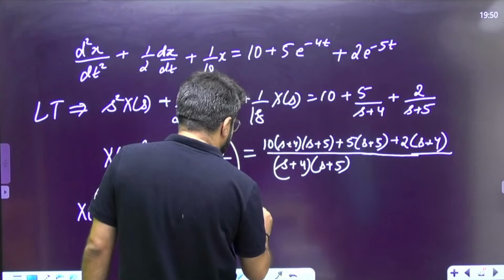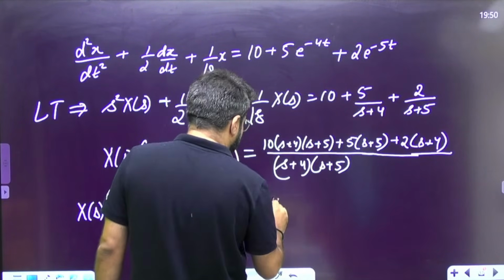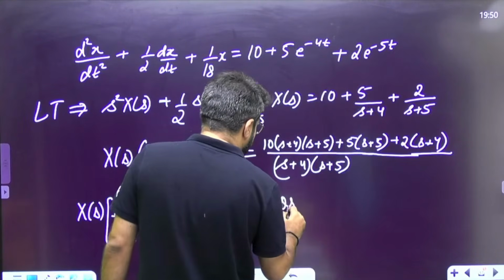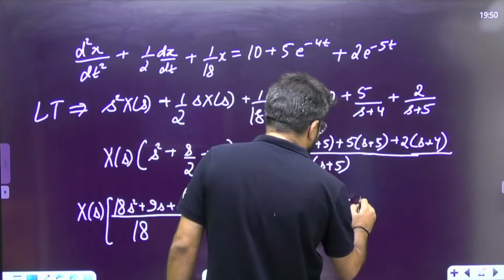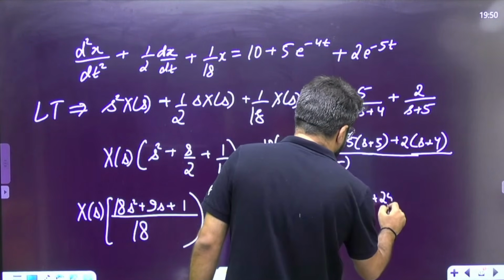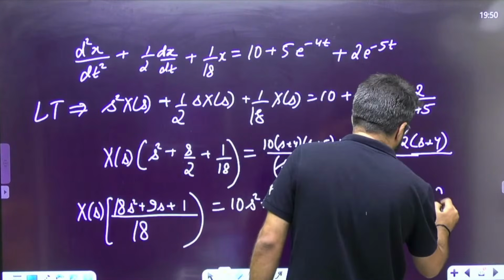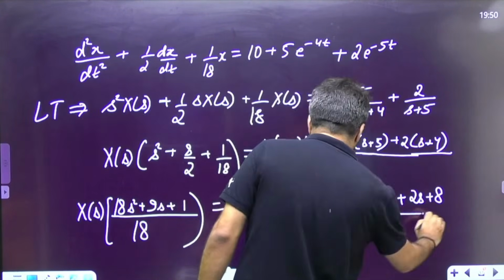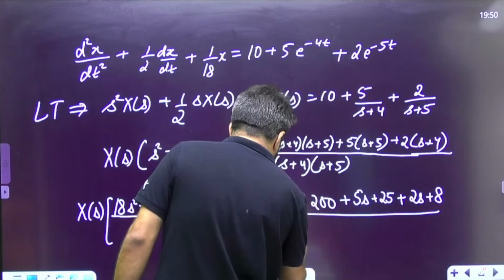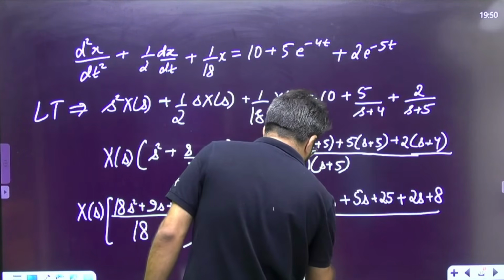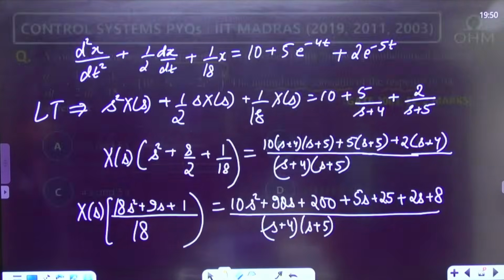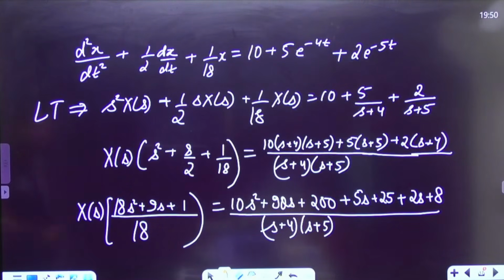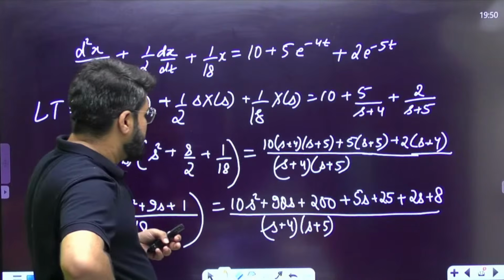Overall 10 s square plus 4 plus 5, 9 into 10, 90s. 4 into 5, 20, so this is 200, 20 into 10, plus 5s plus 25 plus 2s plus 8, whole divided by s plus 4, s plus 5. But then I don't see any further cancellations. Maybe if I simplify the numerator a bit more.